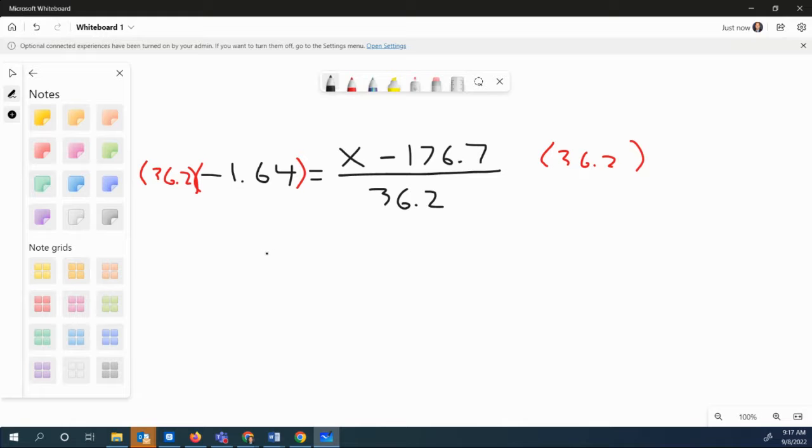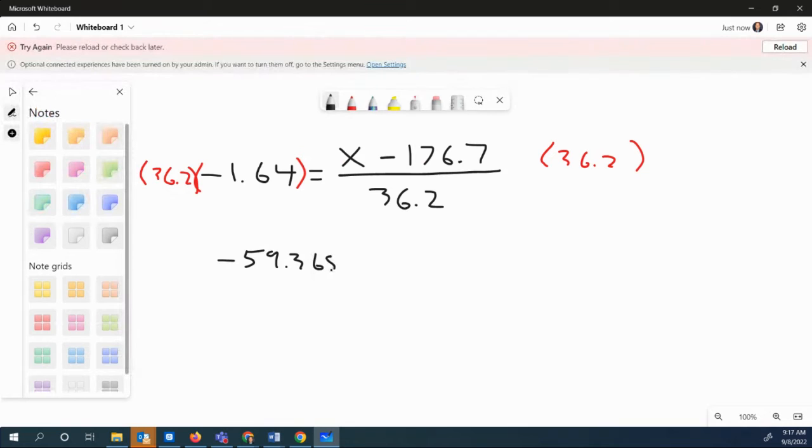On the left would be negative 59.368, and that would equal x minus 176.8. And now what do we do? And then we add 176.8 to negative 59.368. That will equal x. What do you get there?